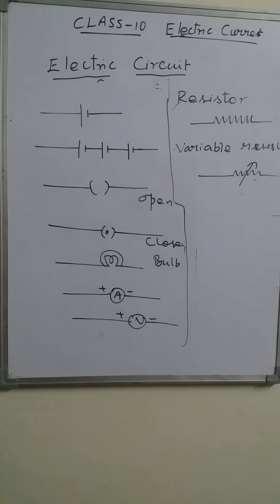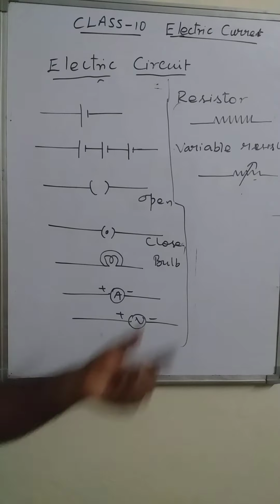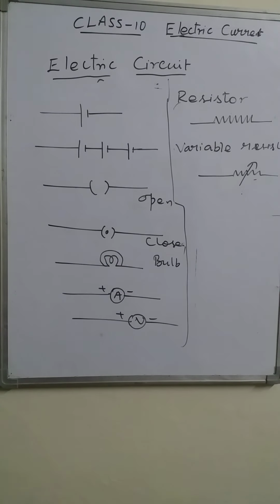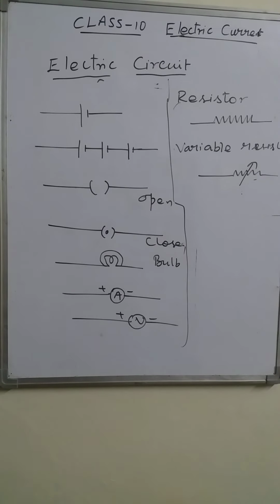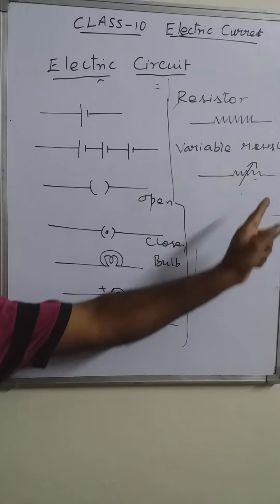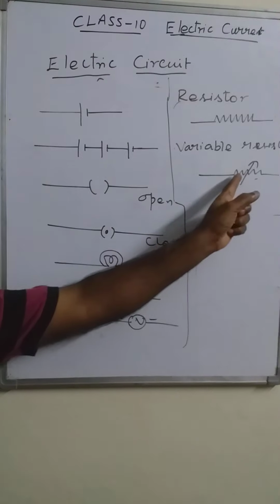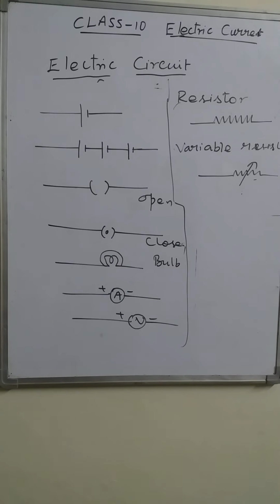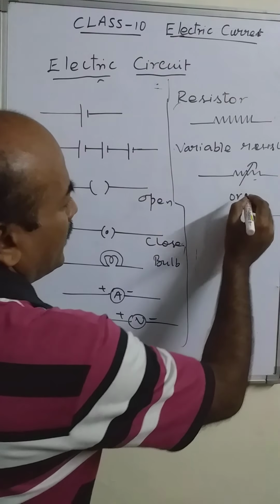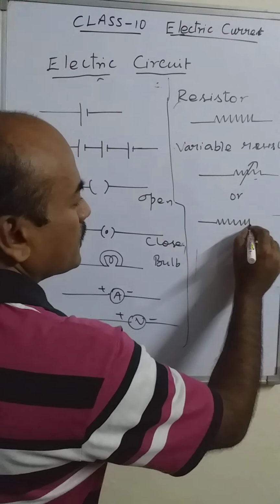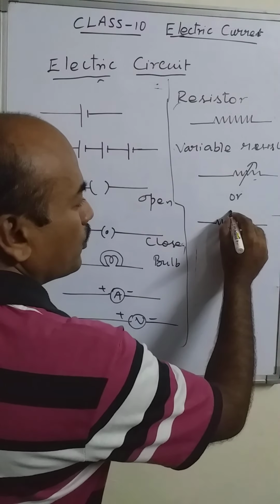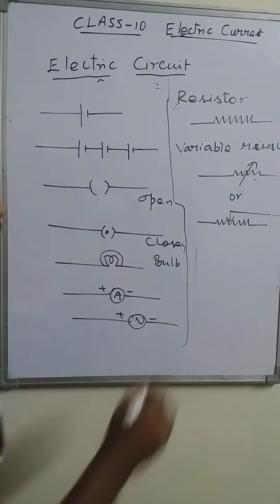A variable resistor is one whose value can be changed. In this also there is opposition to the flow of electric current, but here the value can be changed. And the variable resistor can also be shown in another way, like this: a resistor-like structure and an arrow at the upper side.